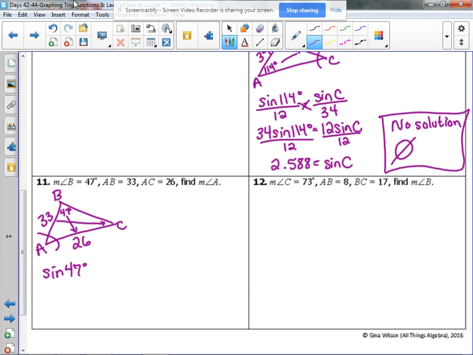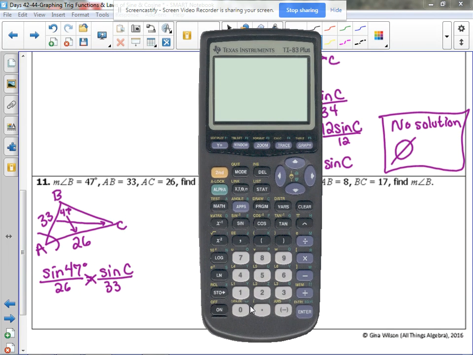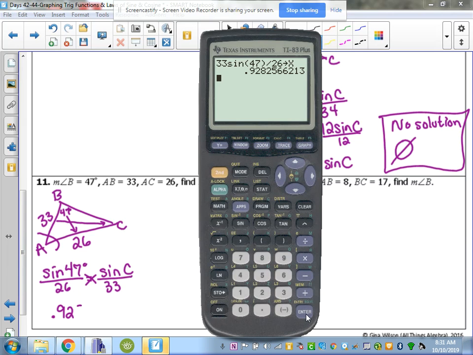The sine of 47 degrees over 26 is equal to the sine of C over 33. 33 sine 47 divided by 26, stored as x. 0.928 is approximately the sine of C.